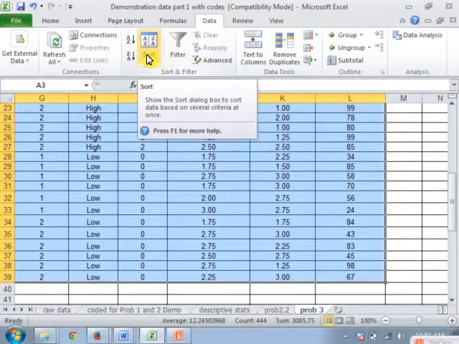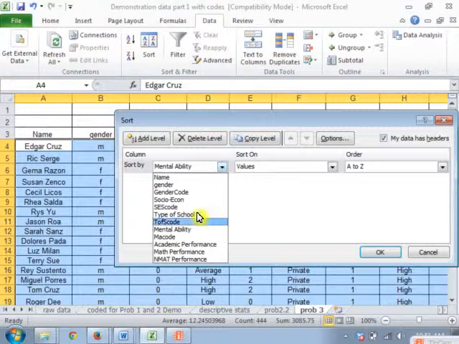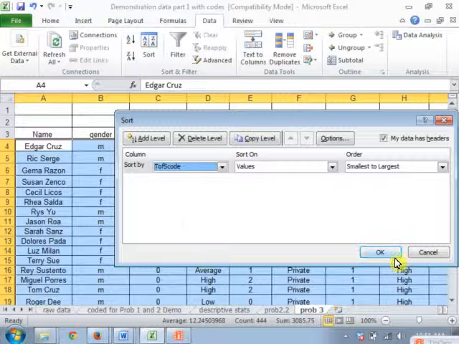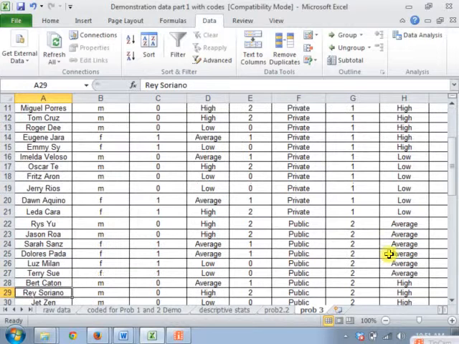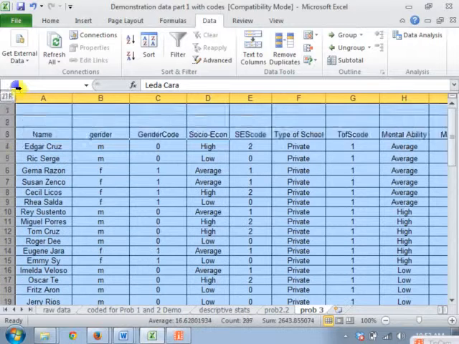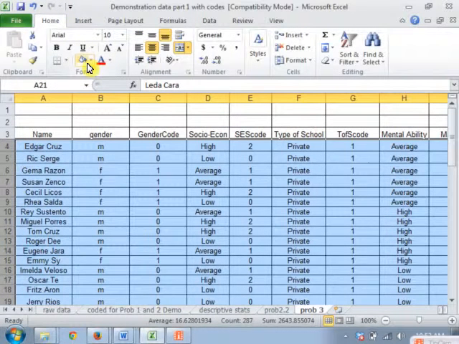But for my Excel, I just don't want to delete them, so I'll just leave them there. I will group them according to type of school. Which means I have those from the public, I have those from the private. Can you see that? Look at that. Private, these people, correct? And so I can group them.